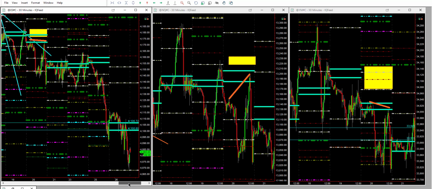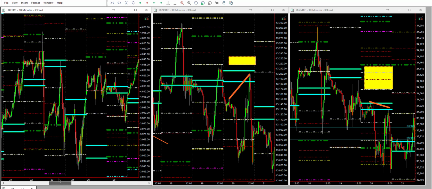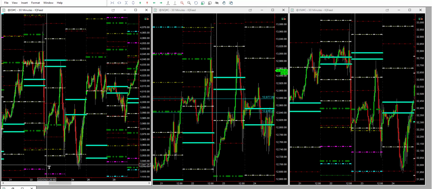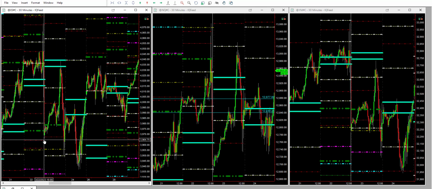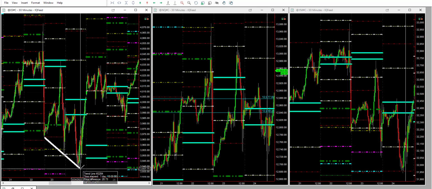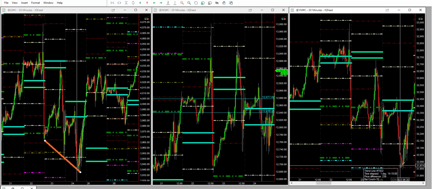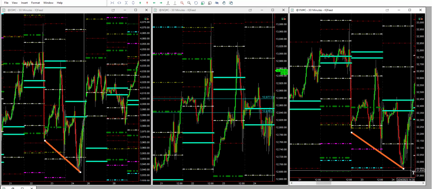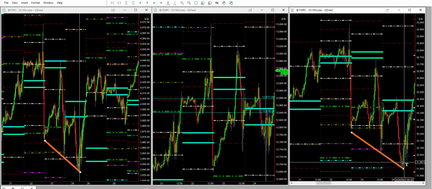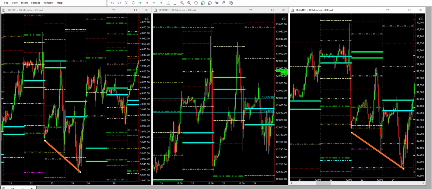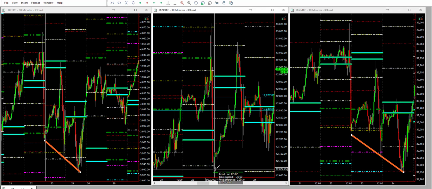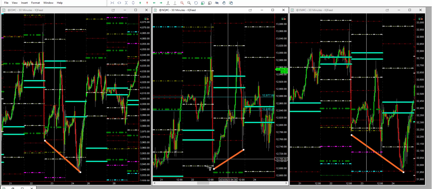Let's go forward. Maybe we should go back but find some more. All right, so here, let's look at this. It made a lower low and lower low and lower low on ES. It made a lower low, a lower low, lower low on YM. And what happened here? We're expecting it should be a lower low, but it is not.